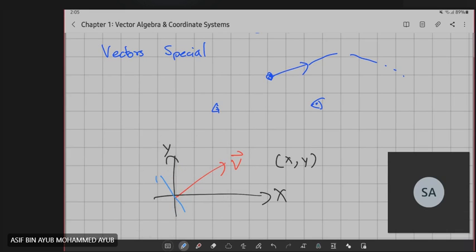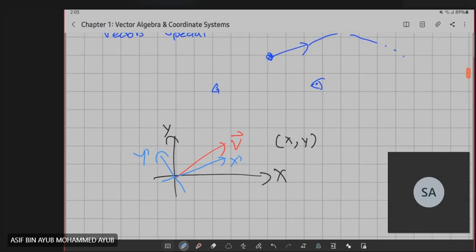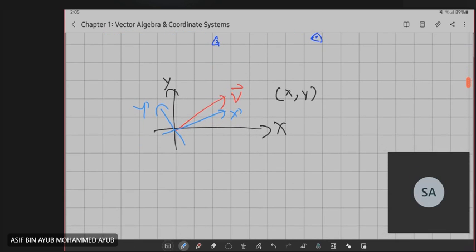You can even have a rotated system like this. And that would still be a valid way to study this vector. The vector doesn't really care how you look at it. At the end of the day, the vector is something that doesn't depend on the coordinate. But depending on your problem, you might want to choose different coordinates because it will make your life easier. So you can analyze the problem in a much better way.